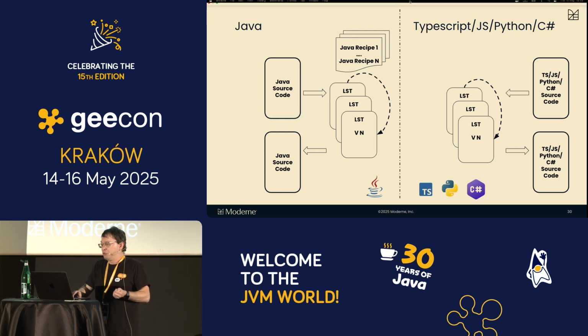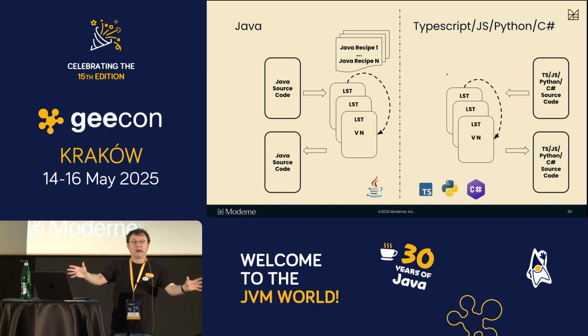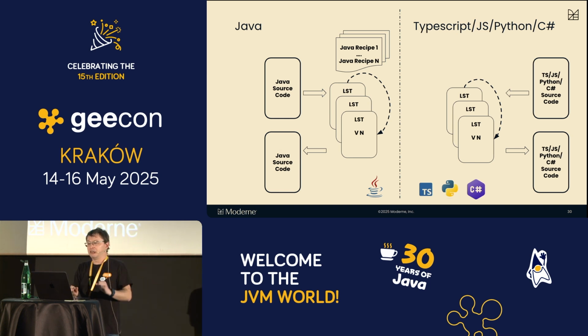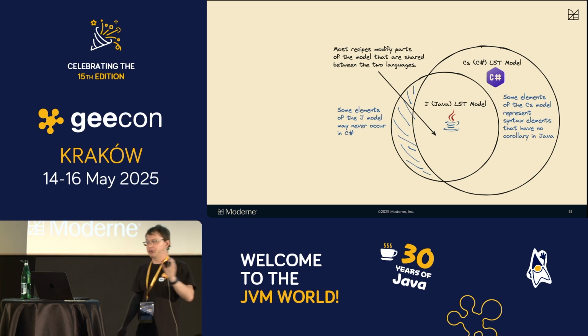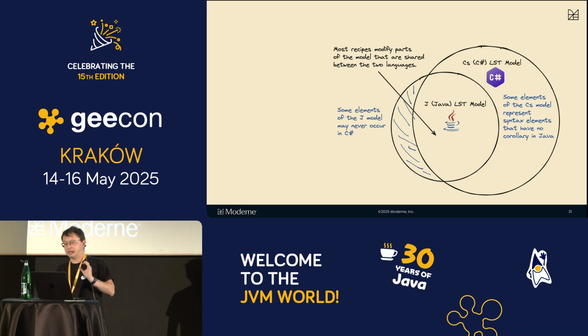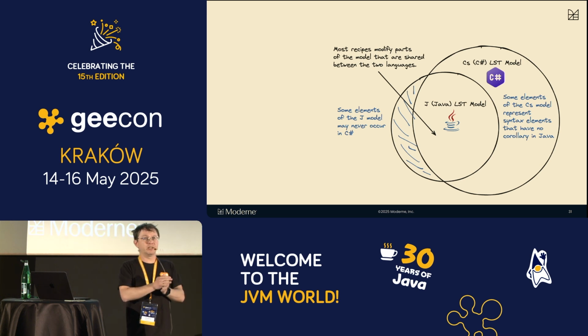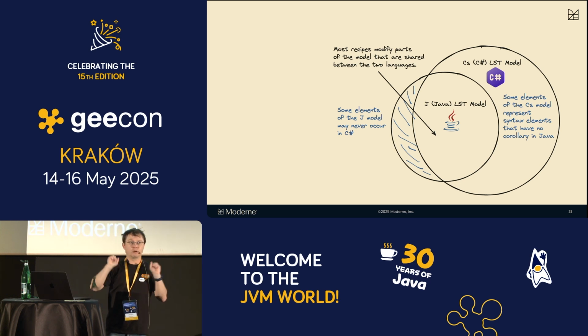But we don't want to wait and put all our engineering resources into writing new recipes for new languages. We are trying to do it in a smarter way. When building the LST model for particular languages, we found that a lot of the data structures of this LST model are the same in different languages, for example method invocation, class declaration, method declaration, variable declaration, and so on.